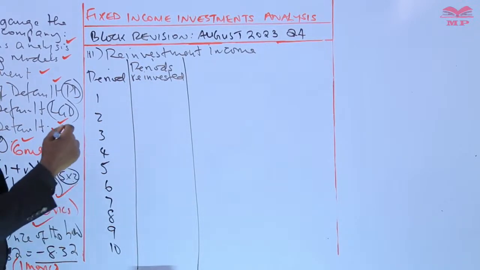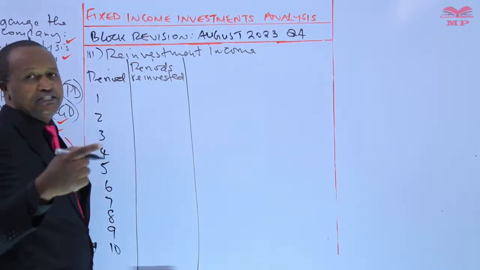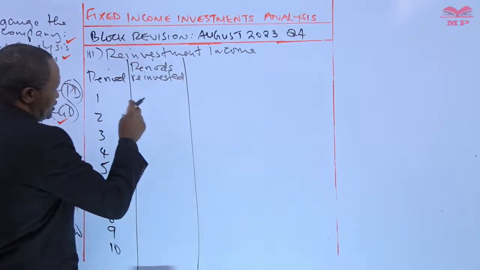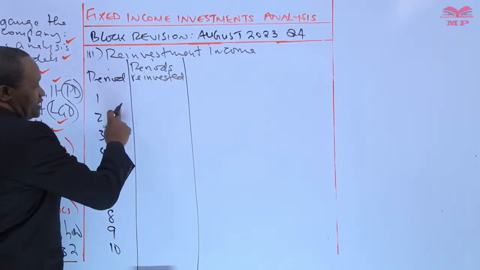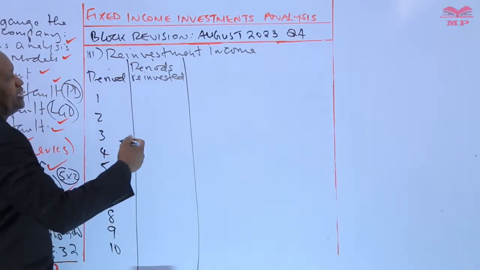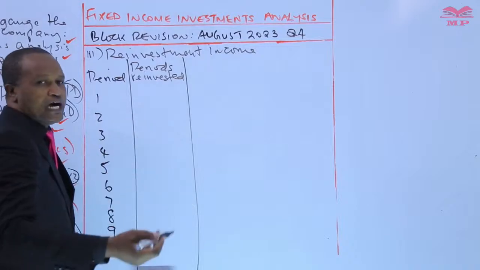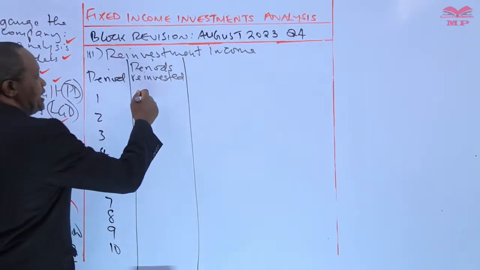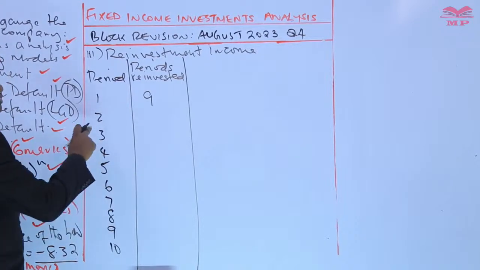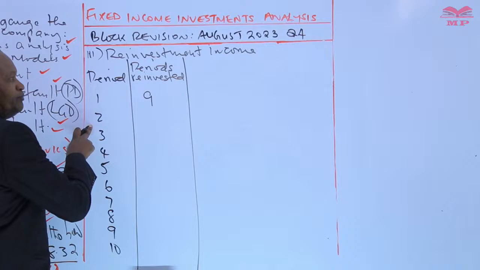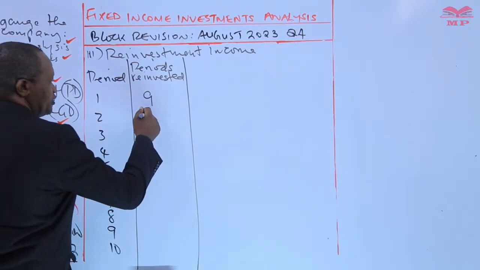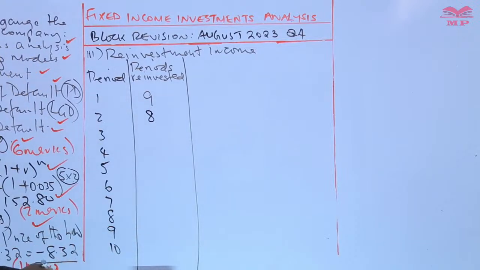Period 1 is the first 6 months. The interest received at the end of the first 6 months is going to be reinvested, earning this reinvestment income for how many periods? That will be 9 periods. The end of the first year will be reinvested for 8 periods.